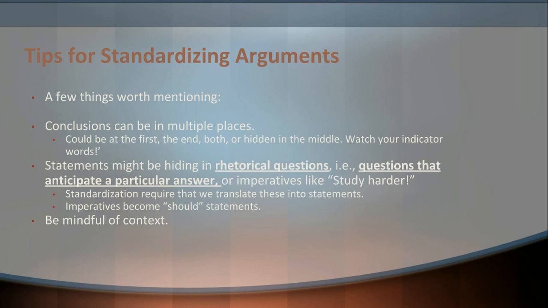And we can sort of translate that question into a statement and then plug it into our standard form template. Similarly, we might run into imperative statements that are hiding more normal looking claims for us to work with. Like, say, take the idea that if you do your homework, you'll get better grades.